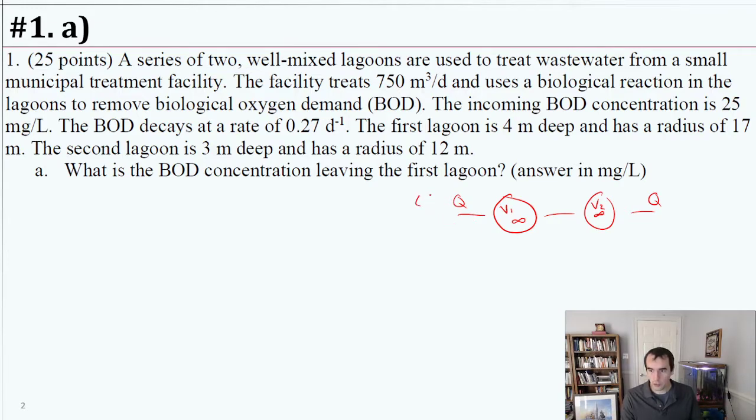We have a concentration of this BOD coming in at 25 milligrams per liter, which is not terribly high. The dimensions for this first one are, let's see, radius of 17 meters. That should be radius, not a diameter.